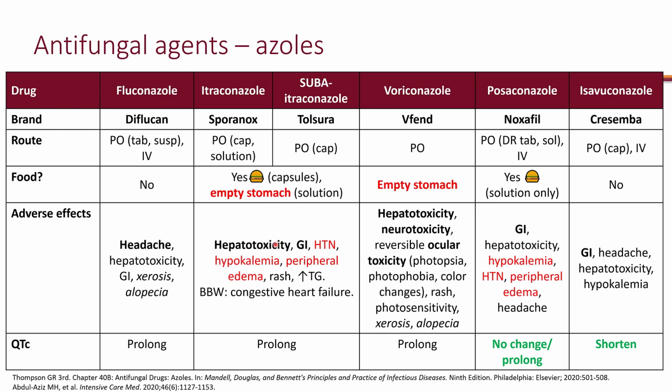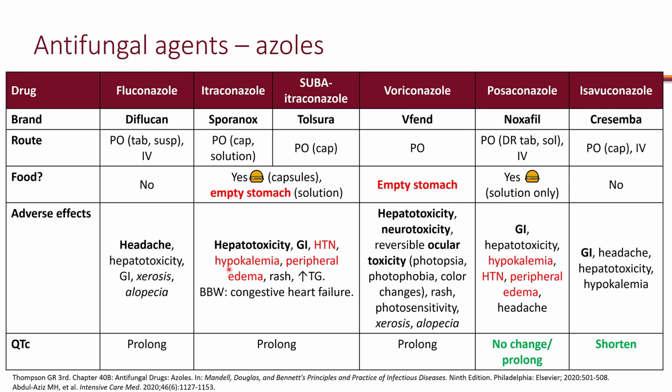Now, relative to fluconazole, there are more adverse effects with itraconazole. So hepatotoxicity is still there, so perhaps increased AST, ALT, and some GI effects, but itraconazole is also associated with hypertension, hypokalemia.